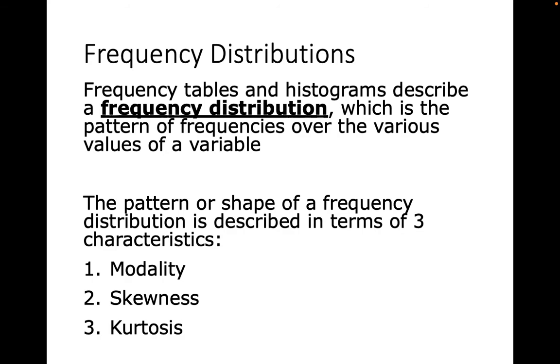Psychologists will also describe the shapes of frequency distributions in words. There are three main terms or characteristics that can be used to describe frequency distributions, which are modality, skewness, and kurtosis. So I'll speak about each of these three.